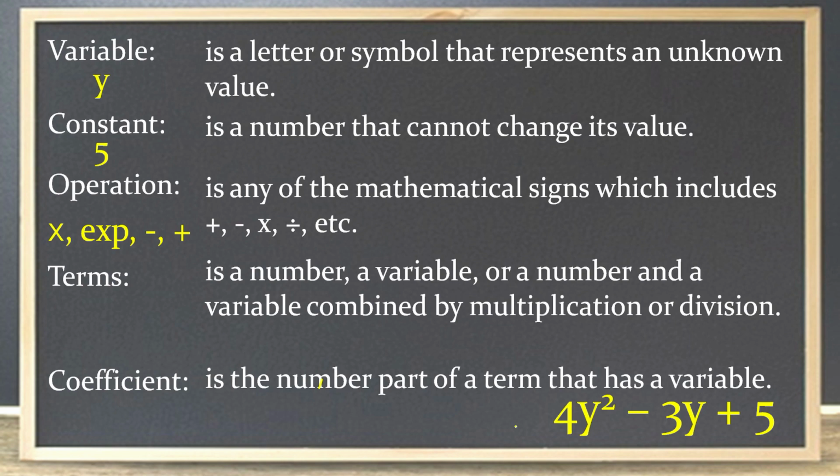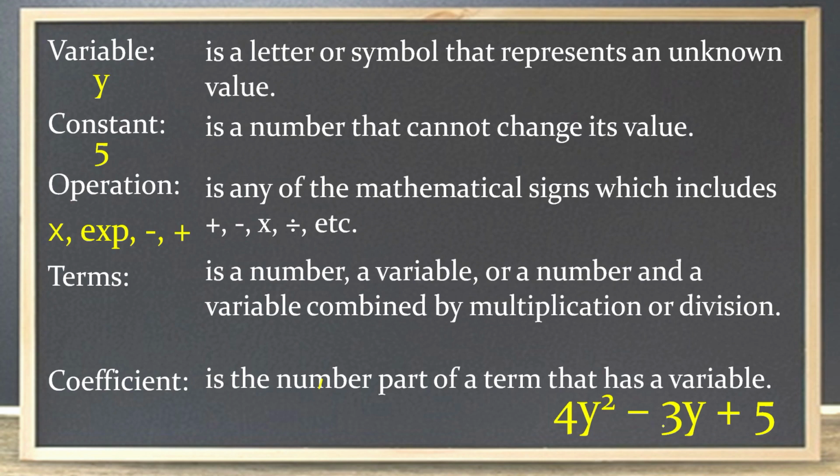Now the terms. For the terms, we say a term is a number, a variable, or a combination of the two of them combined with multiplication or division. So if you see here 4y squared, you see that 4 and y squared are combined by multiplication, so it is a term. And this is minus, so the minus here separates this from this.